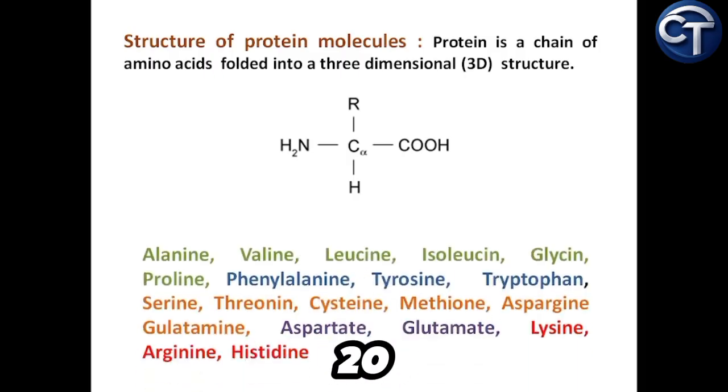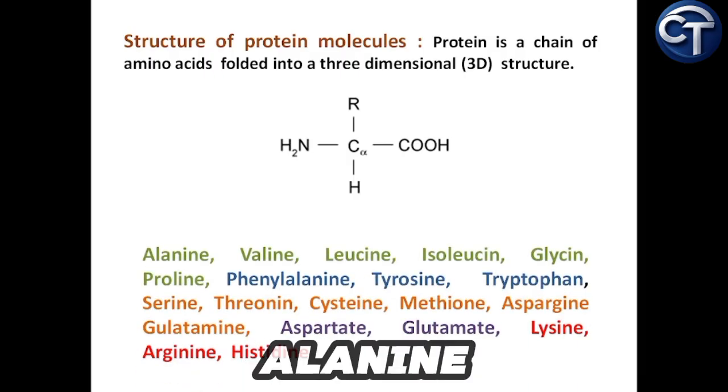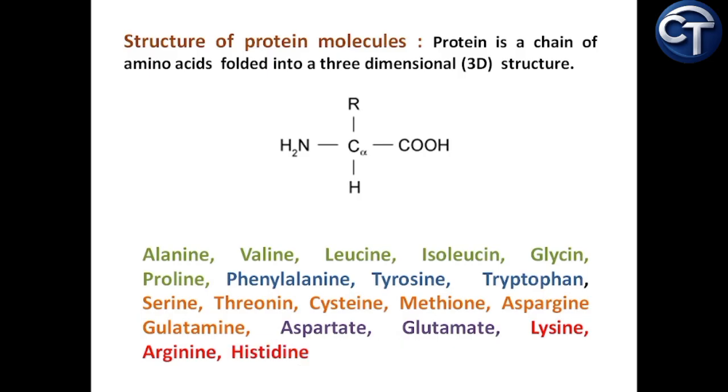The names of the 20 amino acids are alanine, valine, leucine, isoleucine, lysine, proline, phenylalanine, tyrosine, tryptophan, serine, threonine, cysteine, methionine, asparagine, glutamine, aspartate, glutamate, lysine, arginine, and histidine. These are the 20 amino acids which are commonly found in proteins.